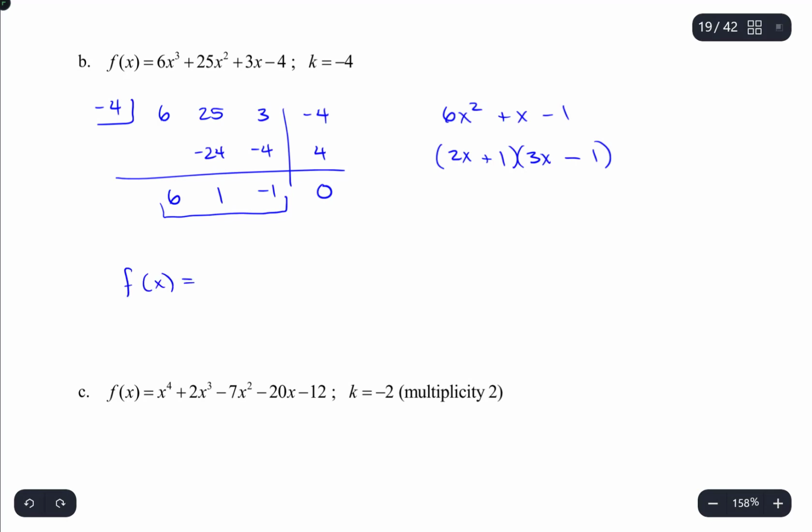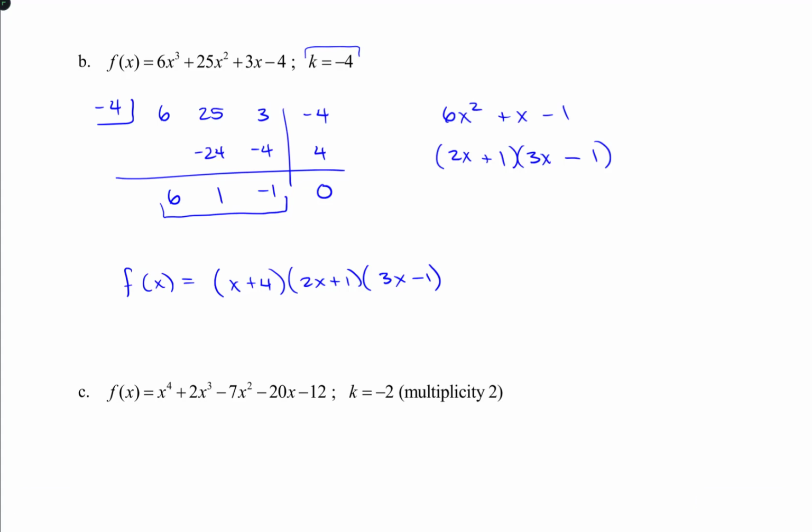So that means my polynomial now looks like, if I take this value right here and write it as a factor, x plus 4. And then I have 2x plus 1 and 3x minus 1. And so that's an equivalent polynomial, but in factored form.